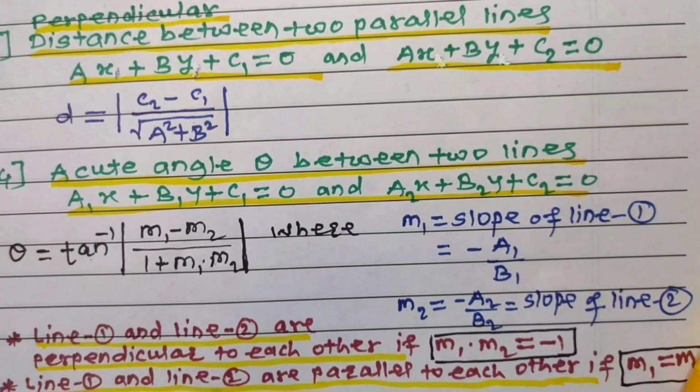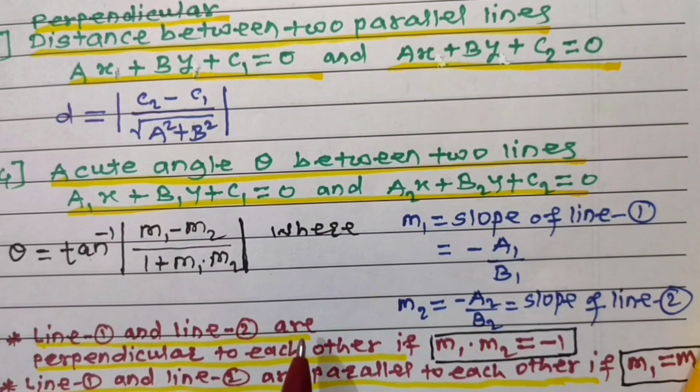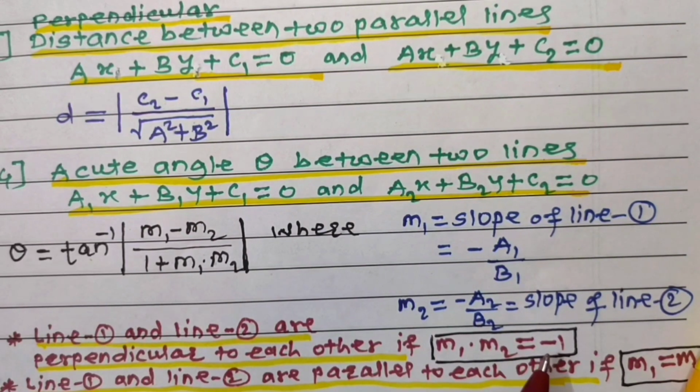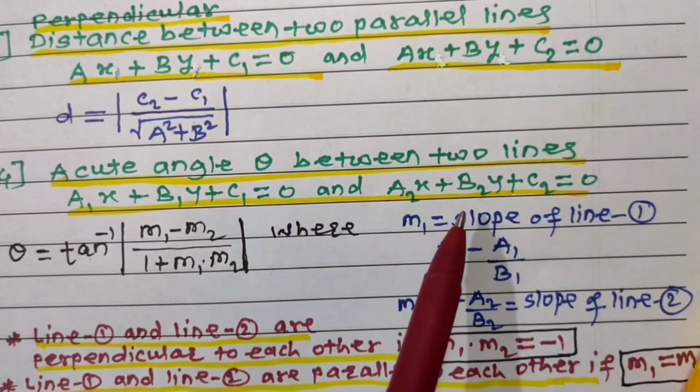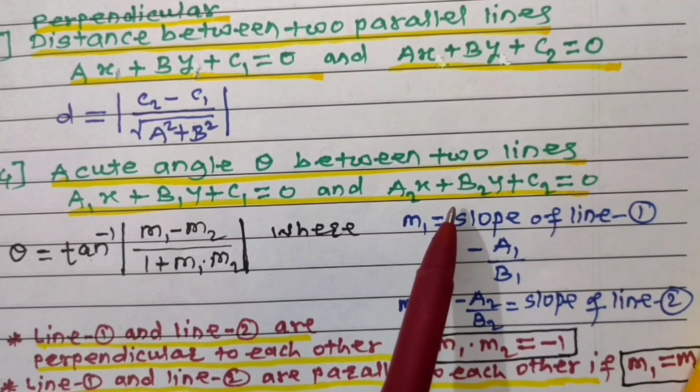Okay, now there are two conditions which we have to remember in terms of lines. Condition number 1 is that line 1 and line 2, meaning straight lines, are perpendicular to each other if the product of their slopes is equal to minus 1. Suppose m1 into m2 is minus 1, then this line and this line must be perpendicular to each other.